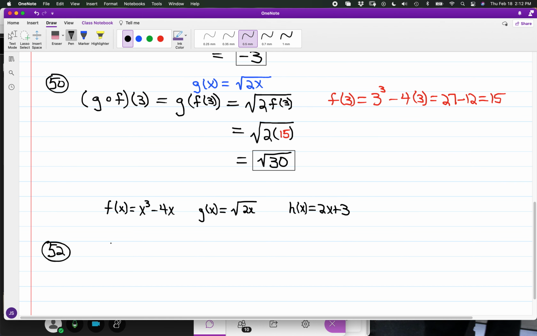This time we have h composed with f of -1. So you have f of -1, that is our input function. And the output function, once again, is h.